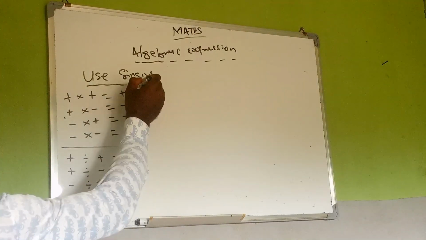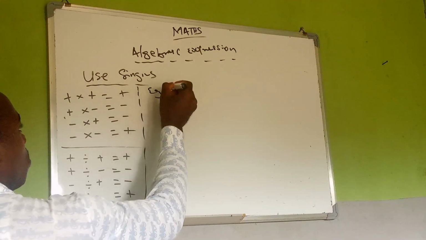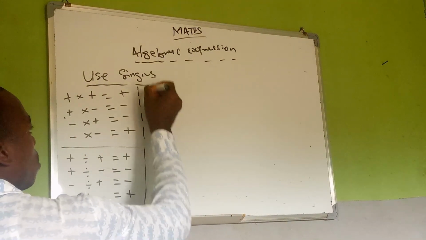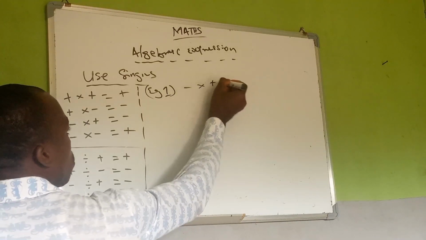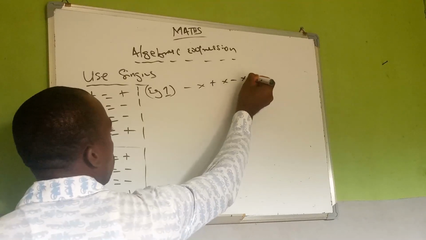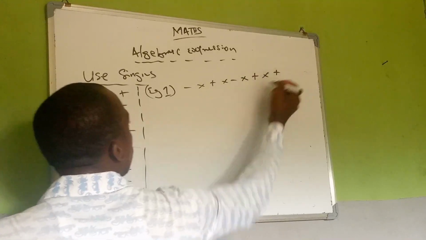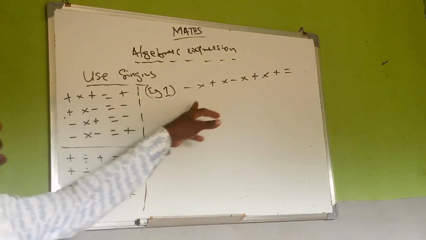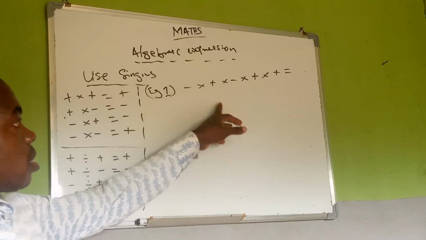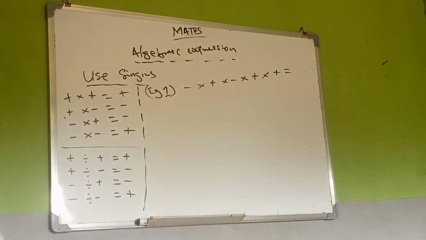Like for example, let me look at this example 1. Let's say minus times plus times minus times plus times plus. Let's see what will be the answer.